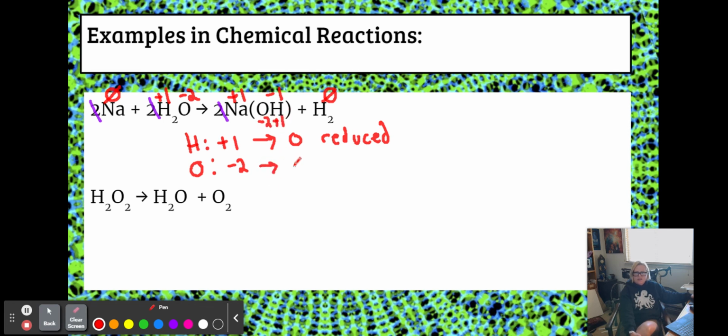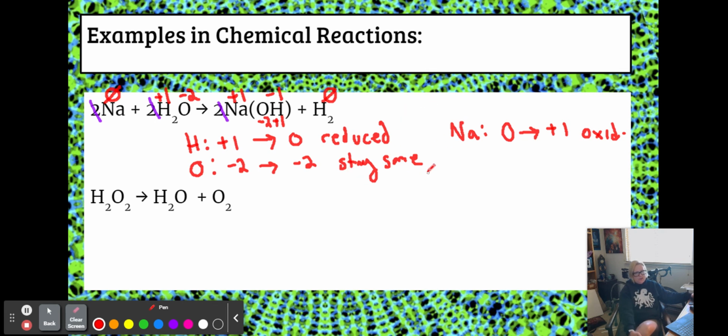So for oxygen, nothing happened, it stays the same. The other piece here is the sodium, and sodium went from a 0 to a +1, so it got less negative, so it had to be oxidized. Loss of electrons, oxidation. So sodium in this case was oxidized, and hydrogen in this case was reduced.